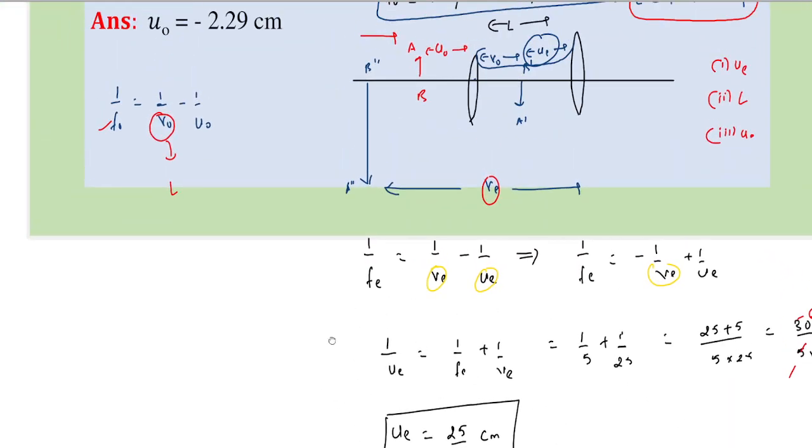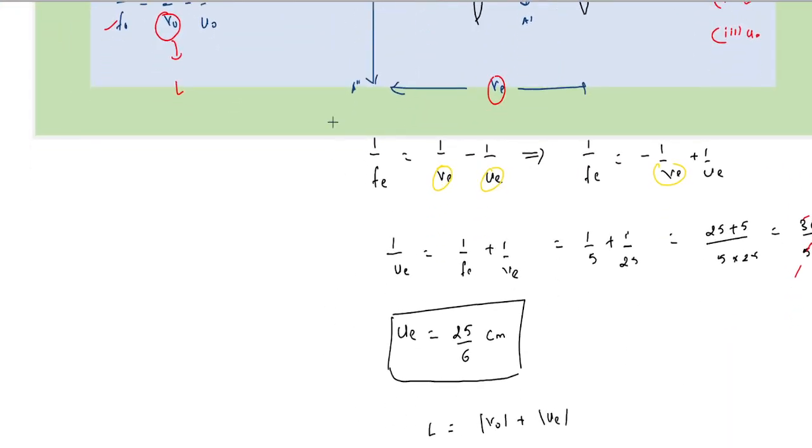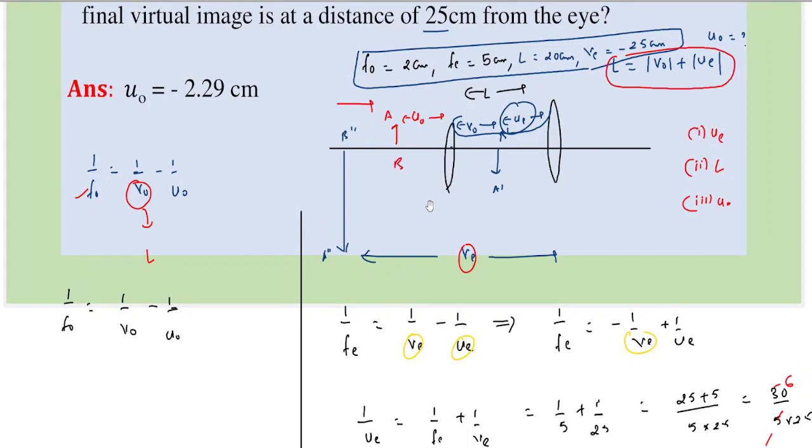Next thing is to find U0. We know 1 by F0 is equal to 1 by V0 minus 1 by U0. For the objective, V0 is positive and U0 is negative.